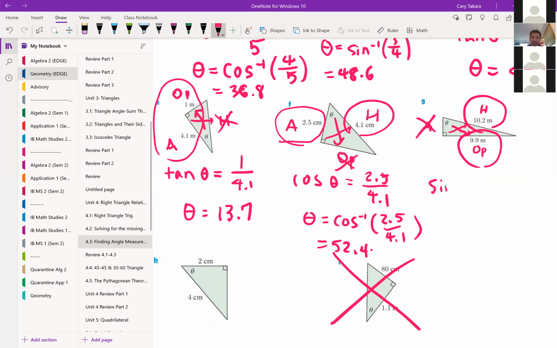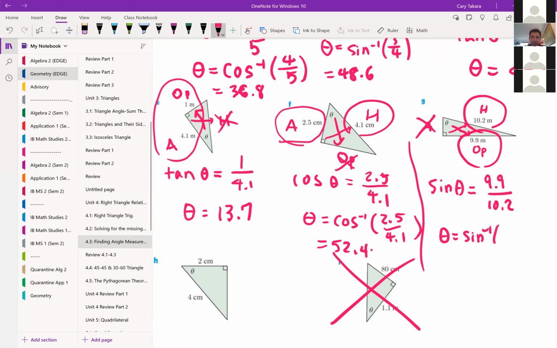Okay. Sine of theta. Are you guys getting the hang of this? Sine of theta equals opposite 9.9 over 10.2. And how do you find the angle measurement? No cross multiplication. Just simply take inverse, okay?